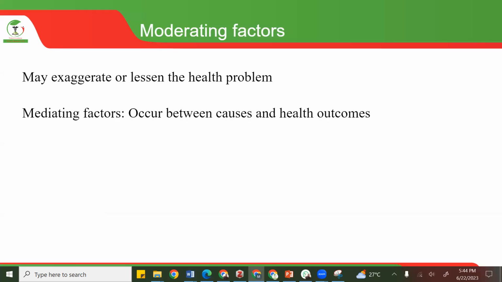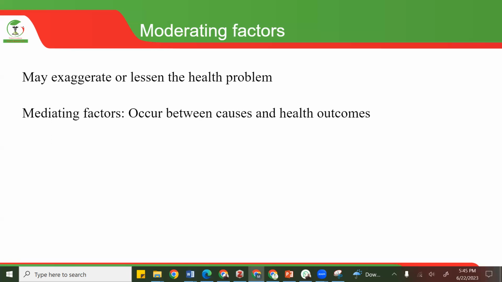And then you have moderating factors that actually modify the health condition; they may exacerbate or lessen the health problem. So, for example, if you have diarrheal conditions as the problem, and then on top of that we have increased rates of acute malnutrition, then it means the acute malnutrition will cause the diarrheal conditions to be worse.